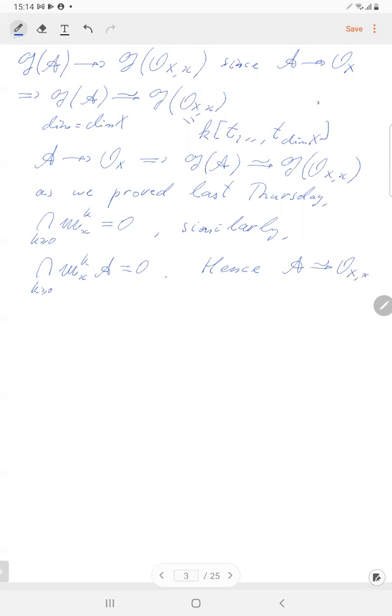Maybe locally around X. Right, because just somehow by induction, if you have this surjection from A to OX, suppose it has a kernel. Now this kernel does live in some power of maximal ideal, but it does not live in the next power, right? Because the intersection of all powers is 0.